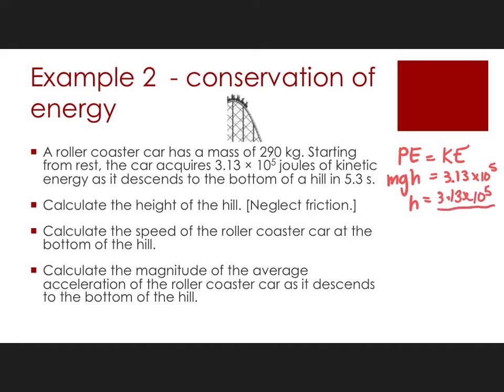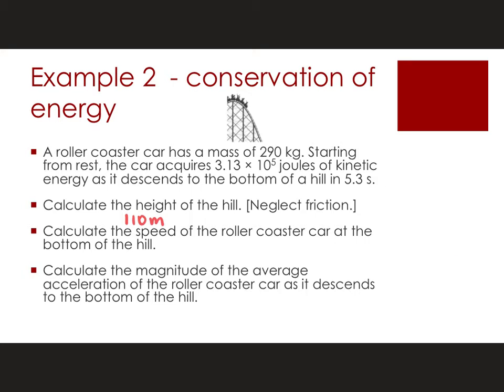Mass will be on the bottom, 290, and g being 9.81 meters per second squared. In this case, we don't have to worry about a negative sign because energy is a scalar, and that negative sign was determining direction, telling us it was pointing down. I'm going to pick up my calculator, and it gives me a value of 110 meters. I'm just going to write that in here and erase my working so I can calculate the next part.